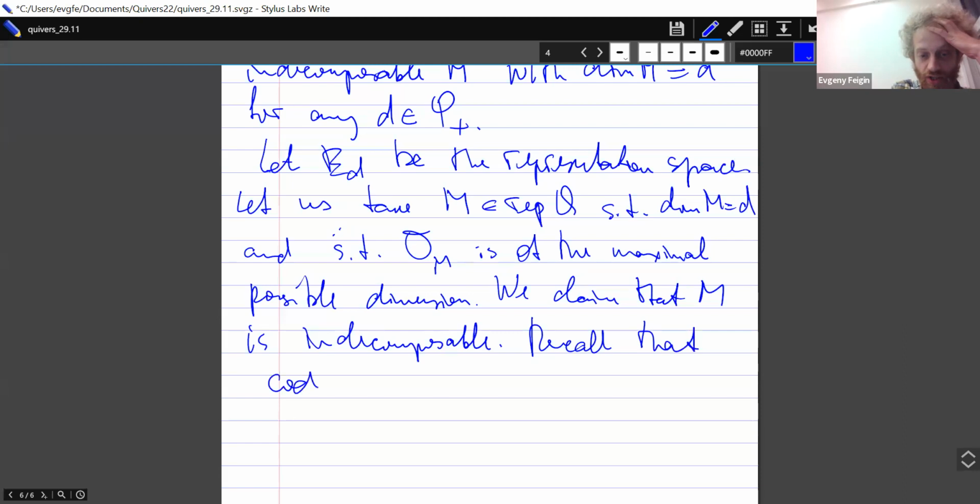What is the codimension of O of M inside E_D? Do you remember? So we had the formula saying that the codimension of the orbit can be expressed in terms of M. So do you remember what the formula was?